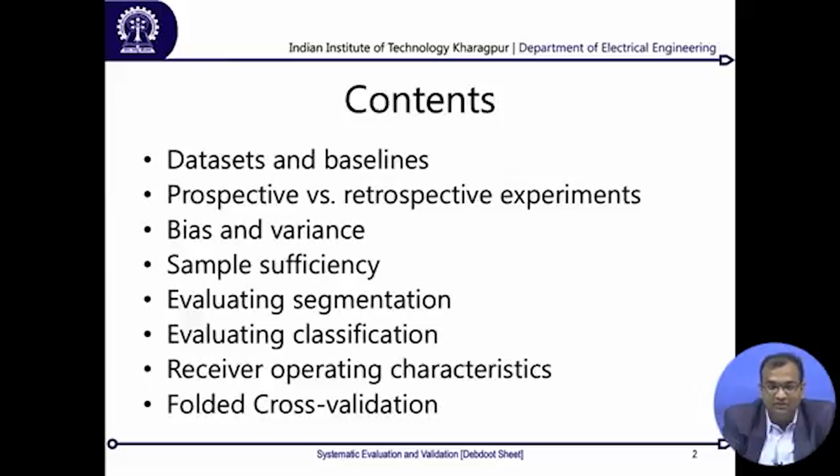We will learn how to do a folded cross validation, which basically means keeping a part of your data blinded and not using it during training and seeing how the performance comes, and then doing it repetitively or iteratively over a cycle of procedures so that you know the best case performance, worst case performance and average performance of your algorithm when it is put into a field level deployment.